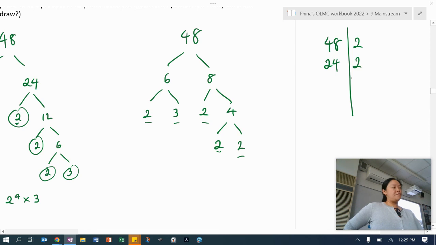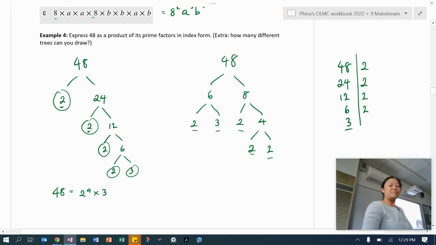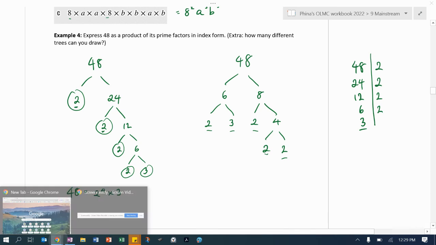Then they write another prime factor down. 2 times 12 is 24. Another prime factor, 6 divided by 2 is 3, and that's your last prime factor. That's another way to do it. I like the tree though. There is no formula. You just have to draw it out or draw it vertically. Okay, that's enough of me talking.